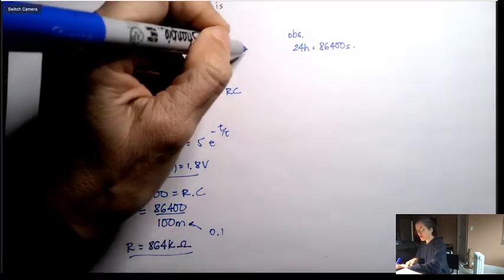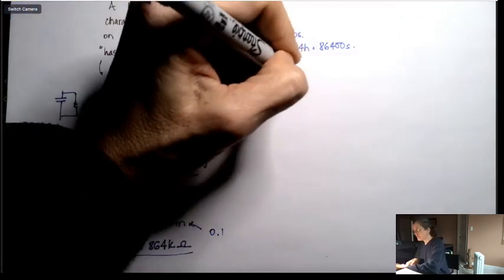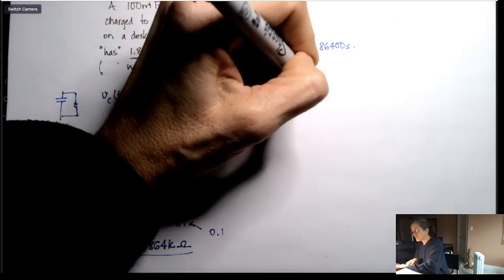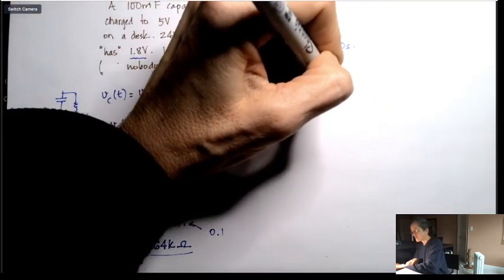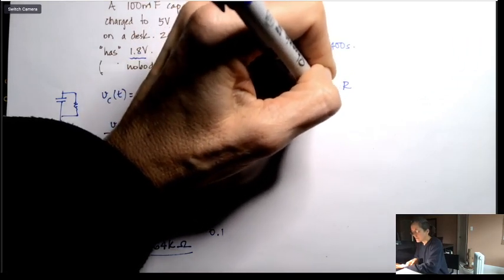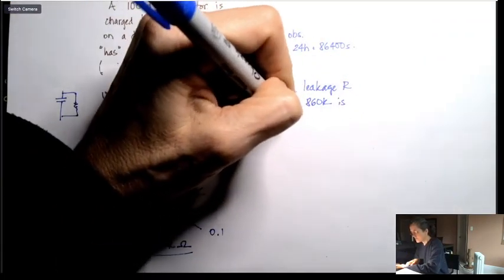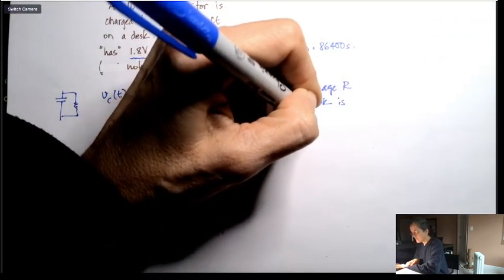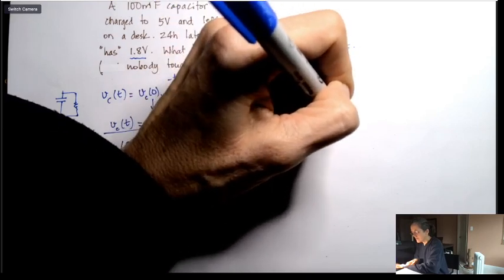So what happened? The leakage resistance of 860K is discharging the capacitor.